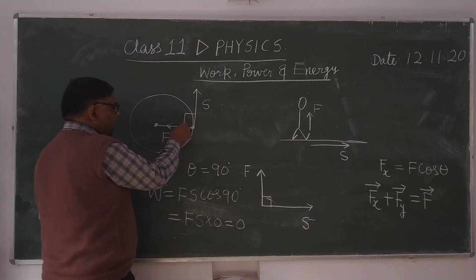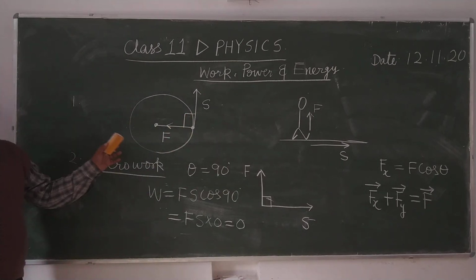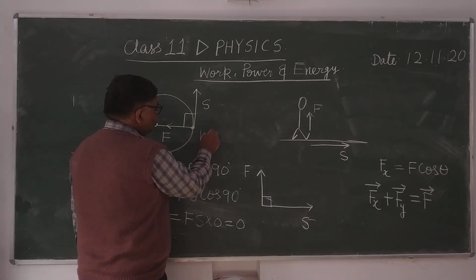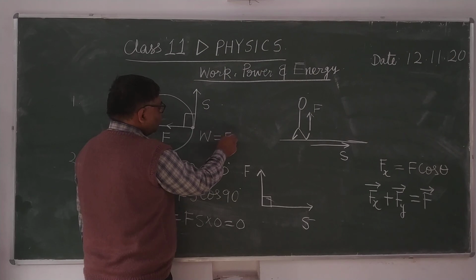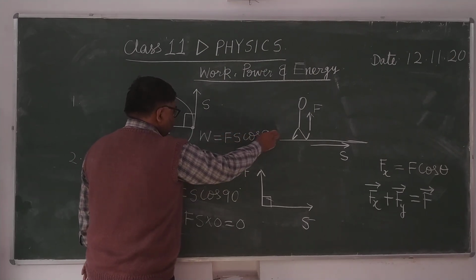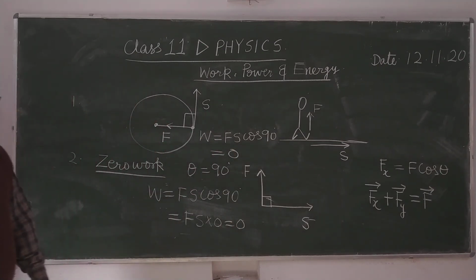What is the angle? The angle is 90 degree. So what will be the work done? Work done will be equal to F S cos 90. So here also work done will be equal to 0, since cos 90 degree is 0. It's clear.